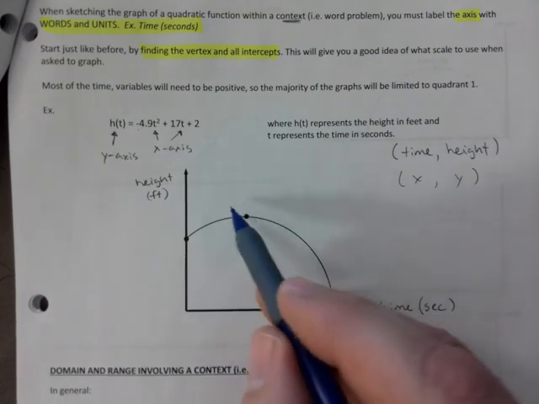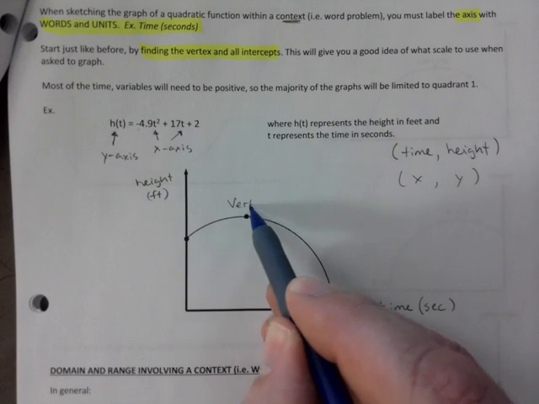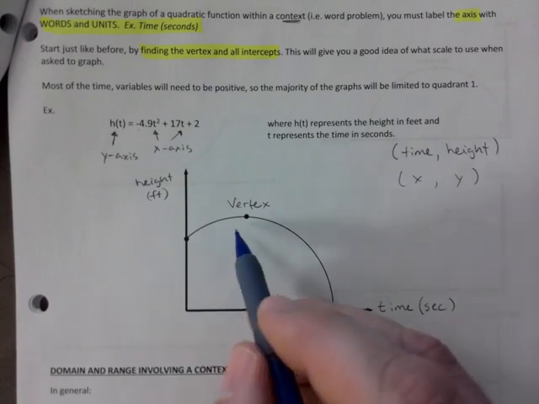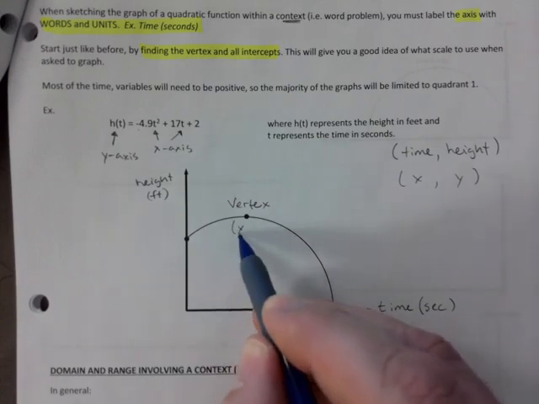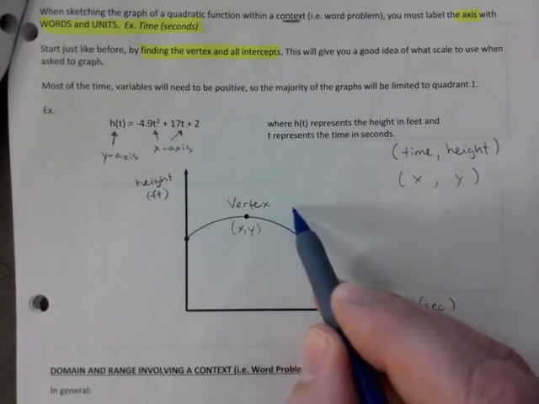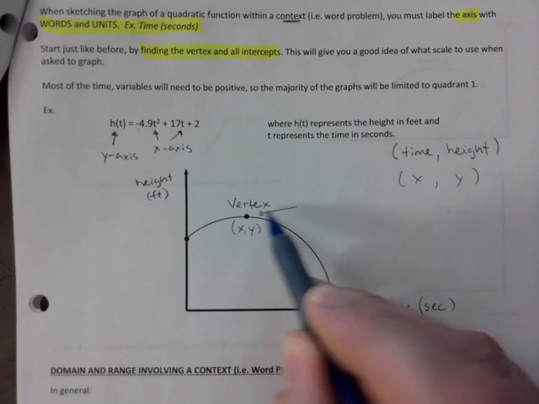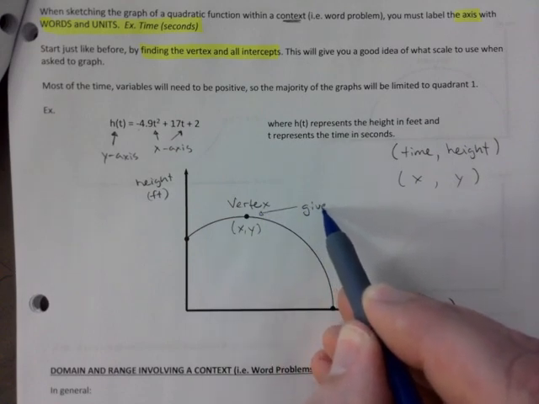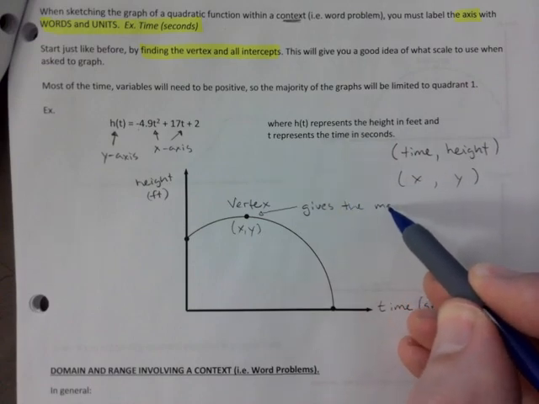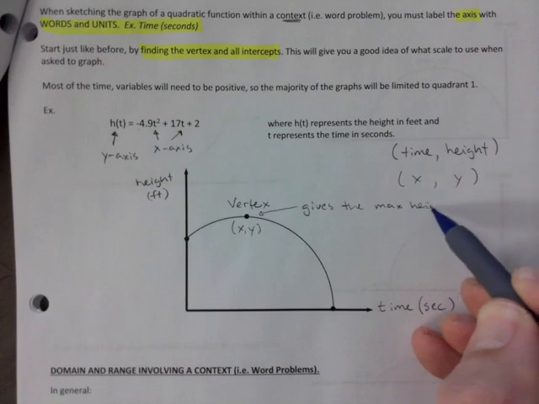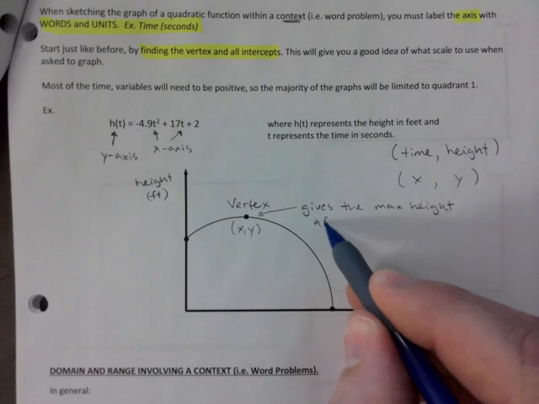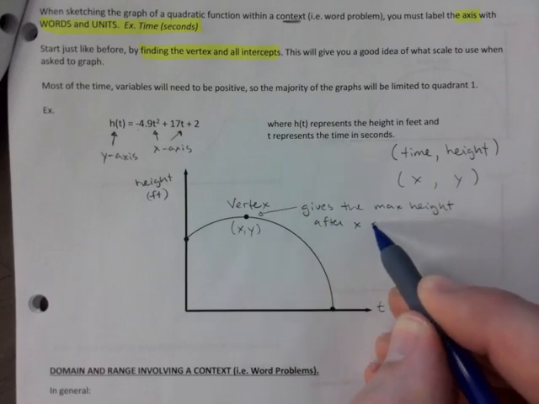This is the vertex here. No surprises, but it means something to us. That would be x, y. It gives the maximum height after x seconds.